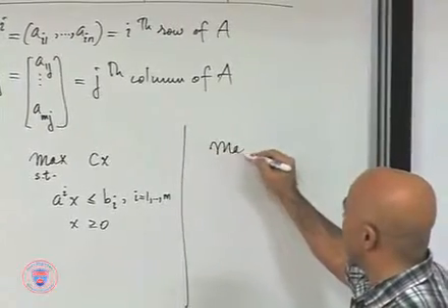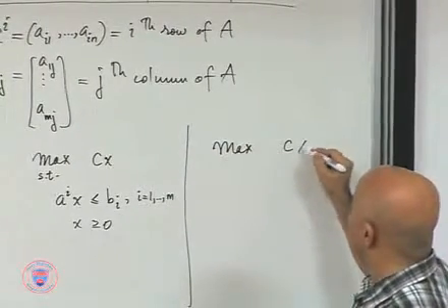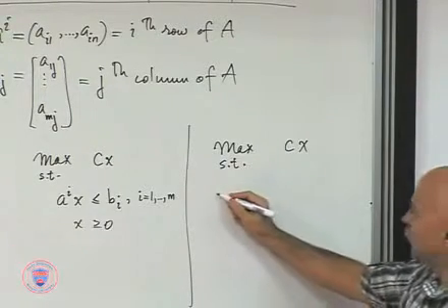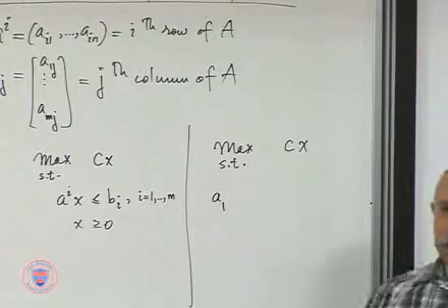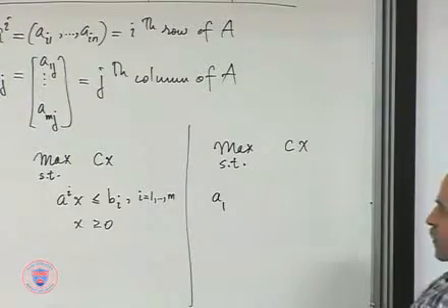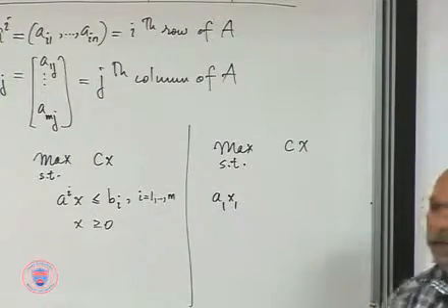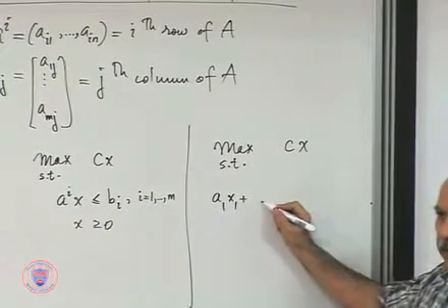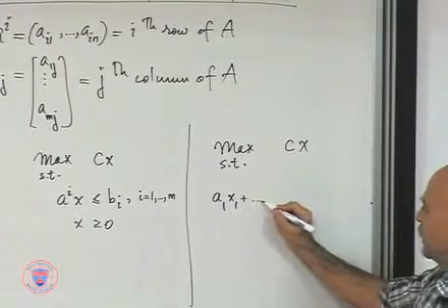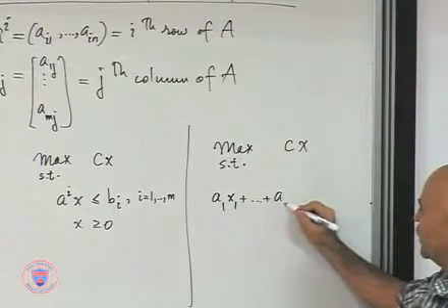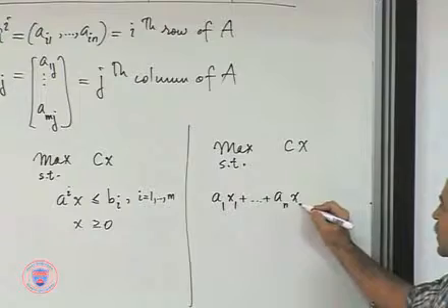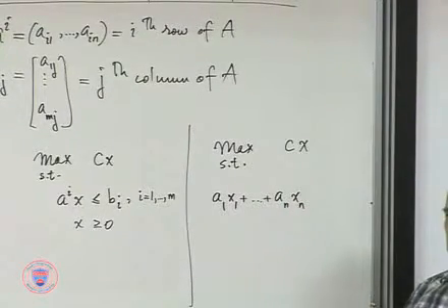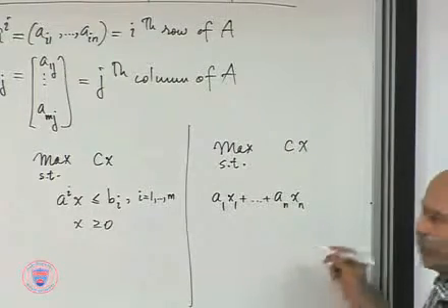Now, the same problem written in column format will look like the following. You take the first column, which is a column vector, multiply it with the number x1. You take the second column and do the same thing, multiply it with the second variable. And you keep doing this, so the last column times the last variable. This is a vector times a number, so you know what it stands for.